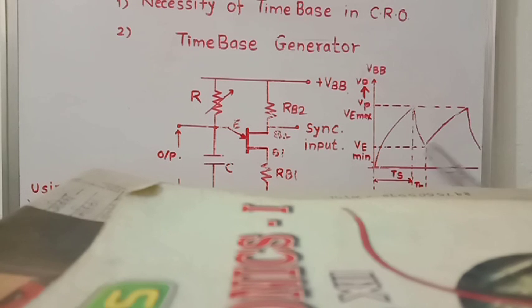In this way, a sawtooth waveform is produced across the capacitor, and this sawtooth voltage, or sweep voltage, is necessary as a horizontal deflection voltage for the horizontal time-base signal. Okay, so we will stop here.